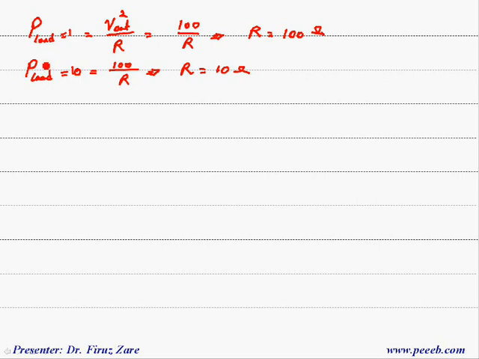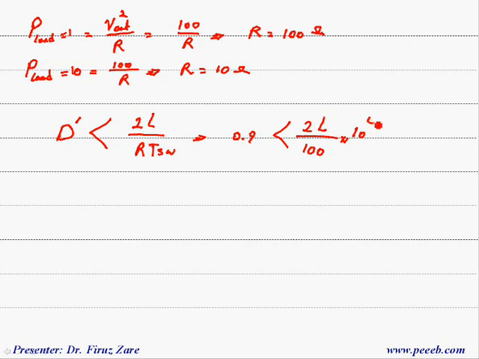So now, according to the boundary condition, which is basically 2L divided by R T_sw, we know D', which was 0.9, should be less than 2L divided by R. Suppose we are considering 100 ohms, and 1 over T_sw is the switching frequency, which is 10 to the power 4.